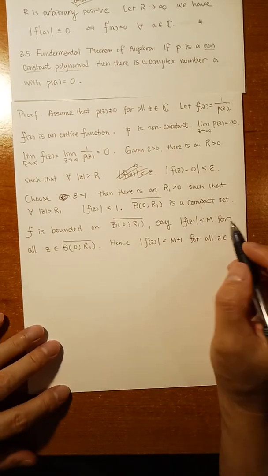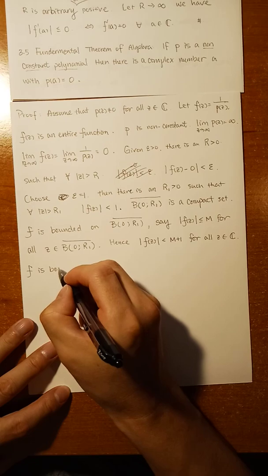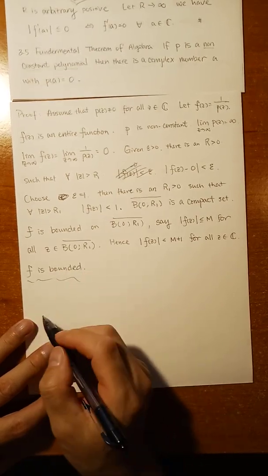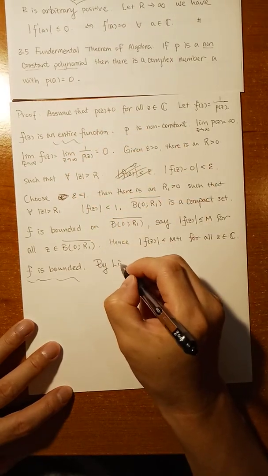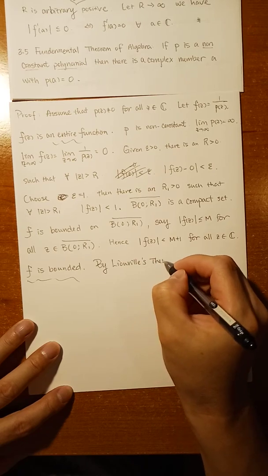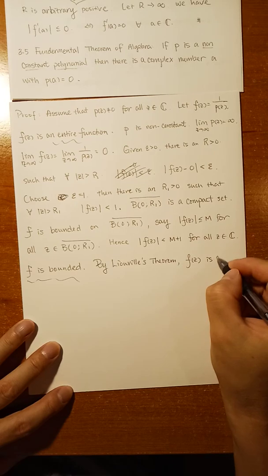So it's always correct. What do we get? We get f is bounded. F is bounded. F is entire. By Liouville's theorem, f of z is constant.